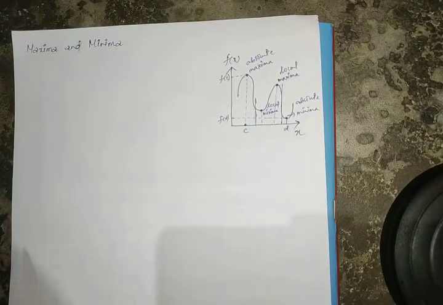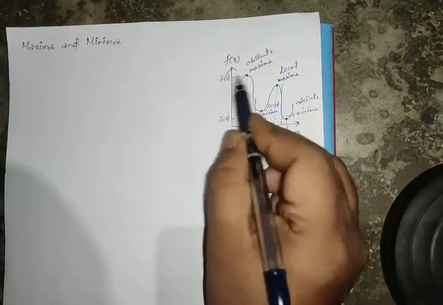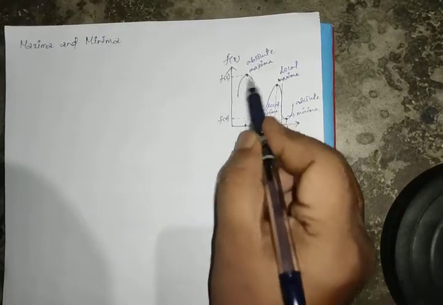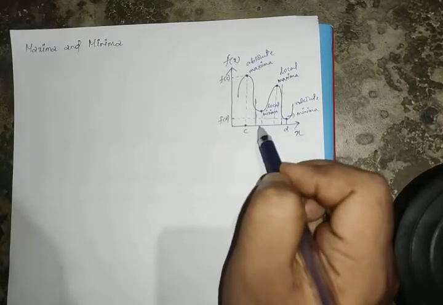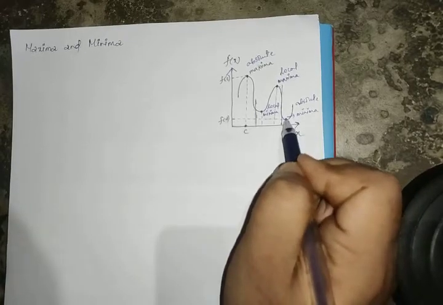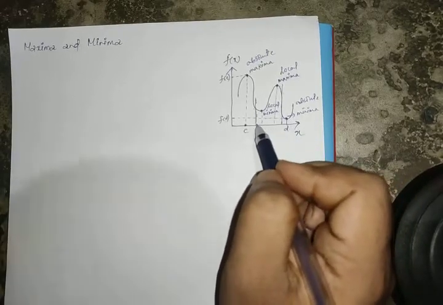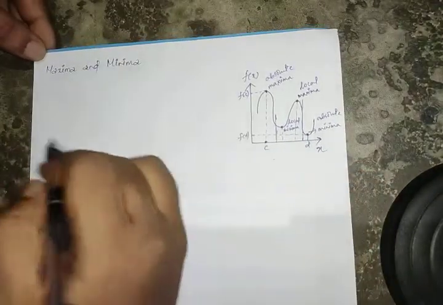Now let us go to the definition. At this point f of C will be the value of maxima, and for minima this f of D will be the value of minima at this point. So let us write the definition for maxima and minima.